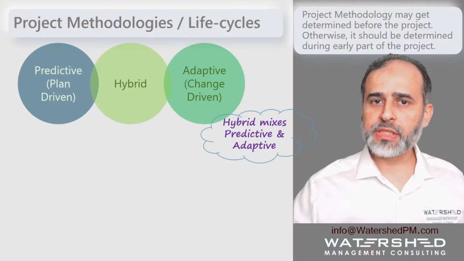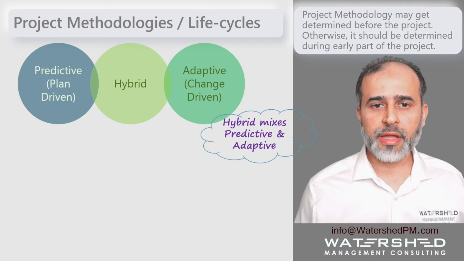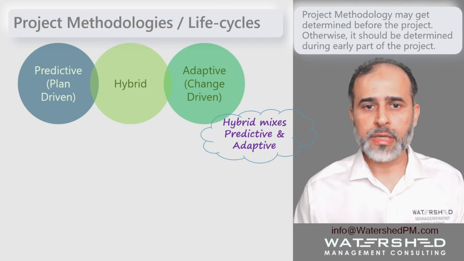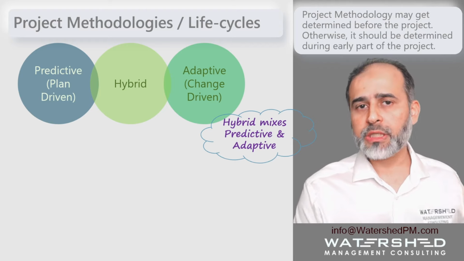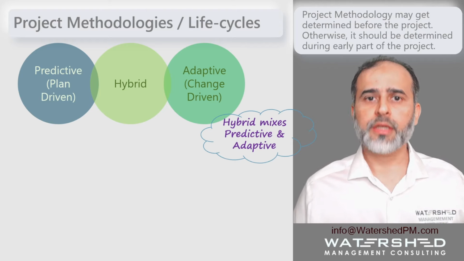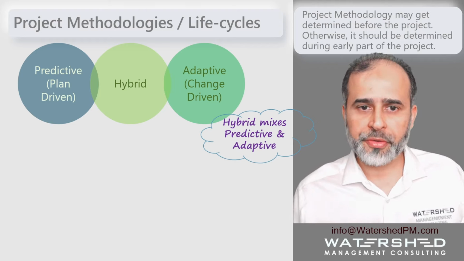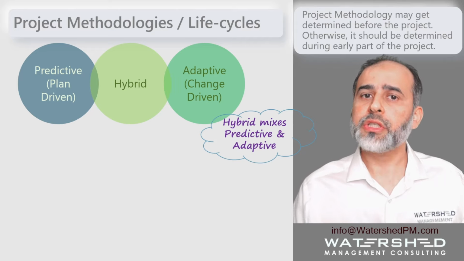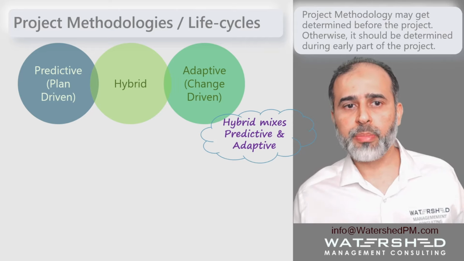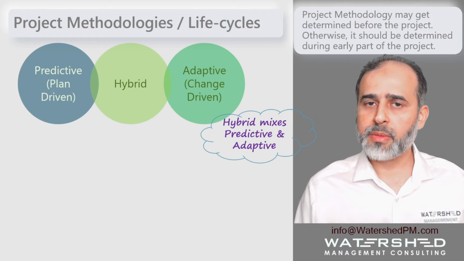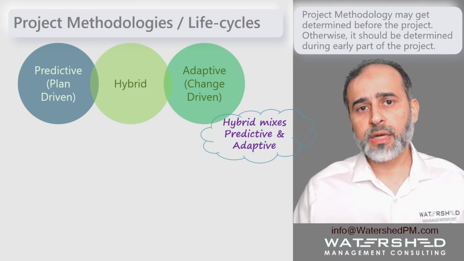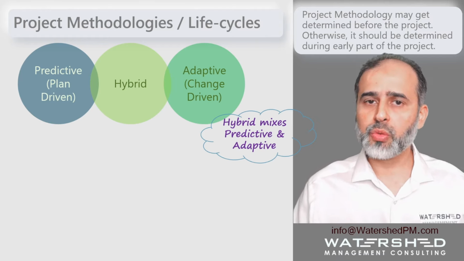And finally, let's discuss an example of a project which can apply hybrid project management methodology, which combines both predictive and adaptive methodologies. Consider that you're making a high-rise building, and the construction of the building can very well apply the predictive or the plan-driven methodology. The idea is that each apartment in the building will be sold separately.